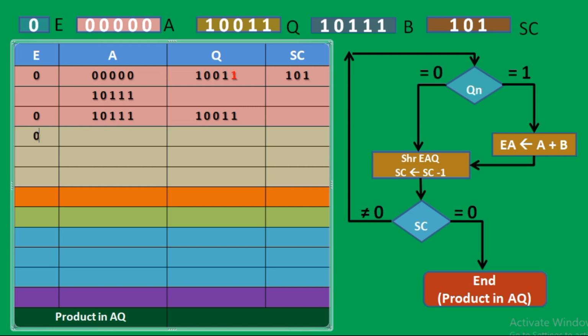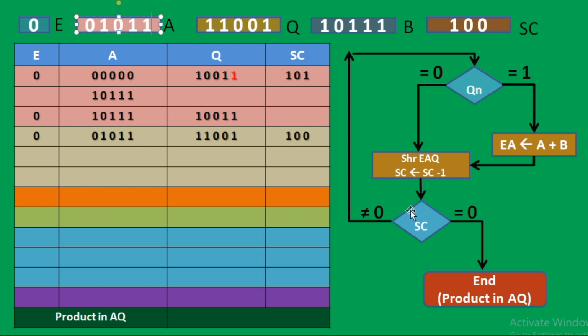So initially you will place 0, and the last 1 is shifted to Q, giving 11001, and the last 1 is discarded. After that, decrease the counter value: SC is SC minus 1. So 101 becomes 100, that is 4.